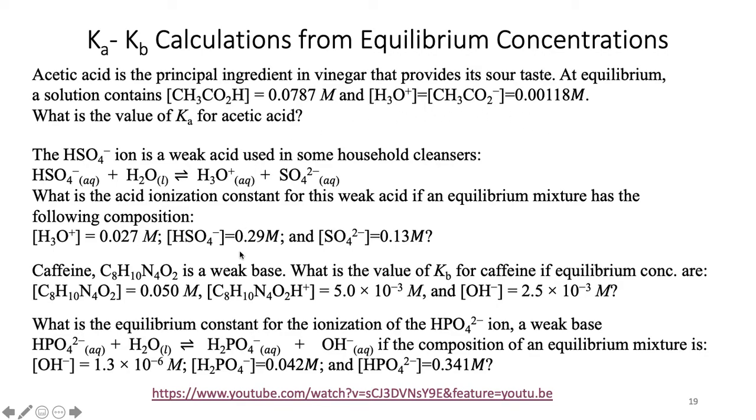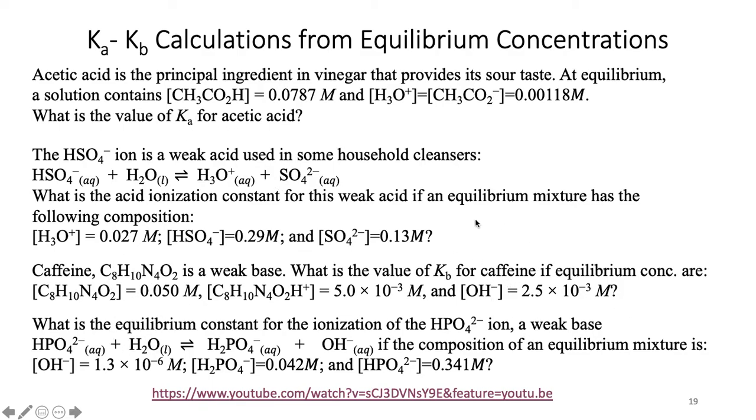I have written out the equations for all of these, so go ahead and watch the videos. I have shown you how to write the equations, write the Ka and Kb expressions, and then use these values that you are given to calculate the Ka and the Kb values.